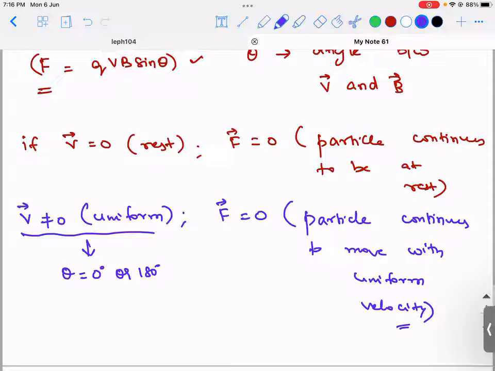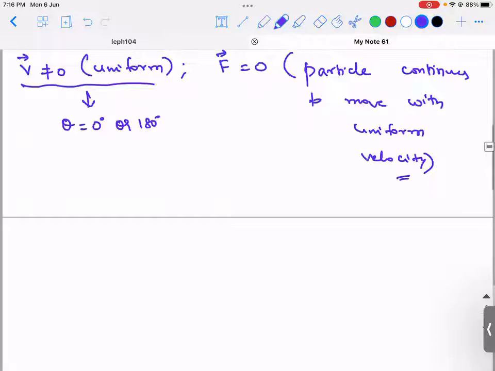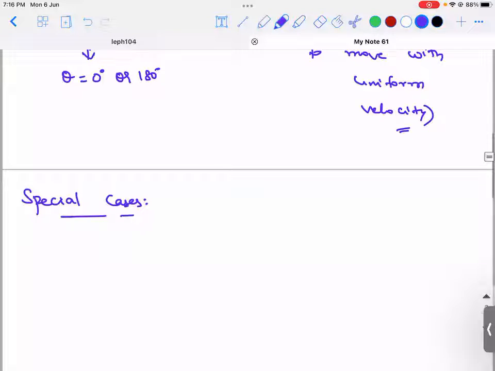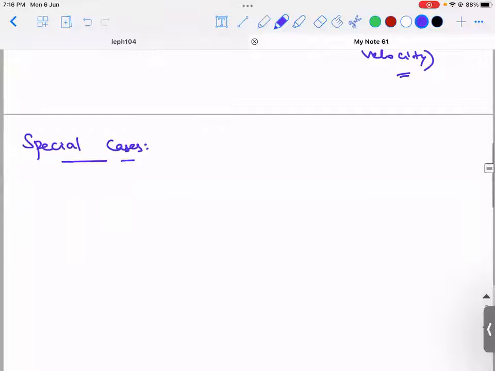Now, I have a question about the special cases. If theta is equal to 0 degrees or 180 degrees, what will happen to the particle?